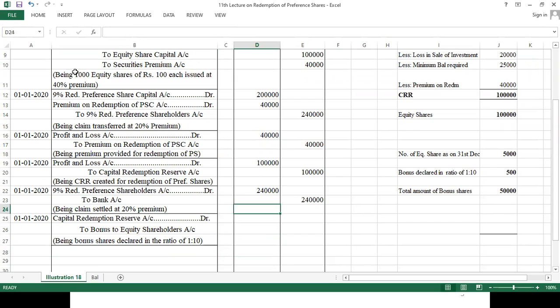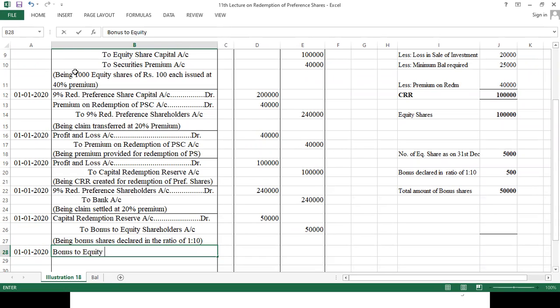Okay, amount is 50,000, and here we will write issue of bonus shares. So bonus to equity share holders account debited to equity share capital account.